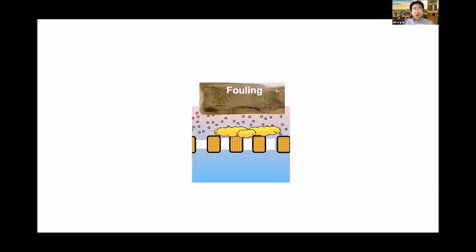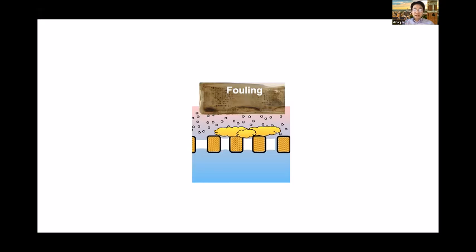First of all, fouling. Fouling, I would say, is the relatively simple problem to address, in the sense that it's very common to all membrane processes. In all other pressurized filtration processes, you have the problem of fouling, and people have been studying this for many years, like decades.